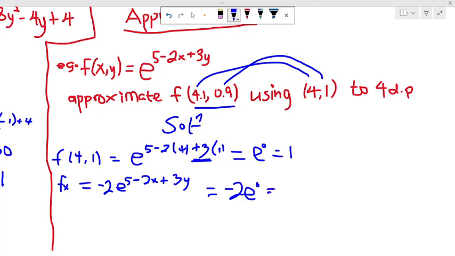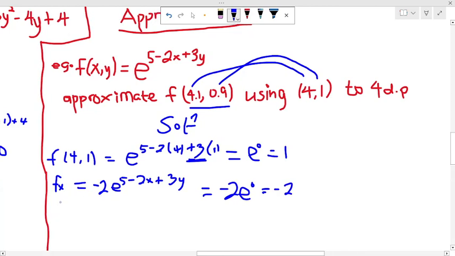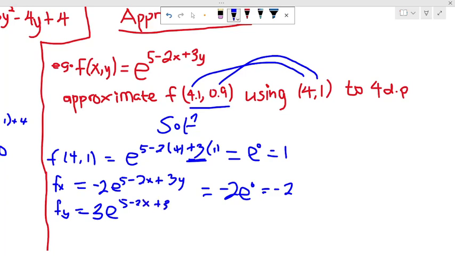We end up getting here negative 2. So now differentiating f with respect to y gives us positive 3 e to the power 5 minus 2x plus 3y. This one also gives us 3 multiplying e exponent 0, and we also end up getting here 3.